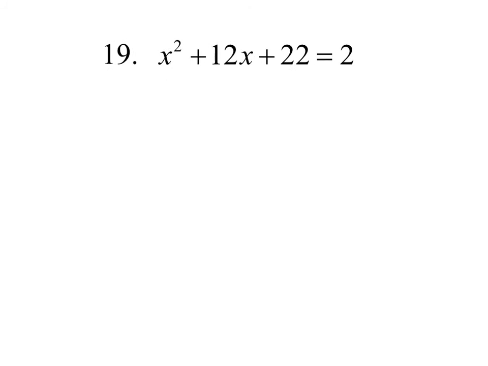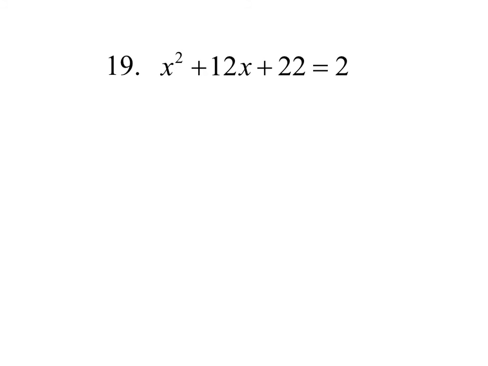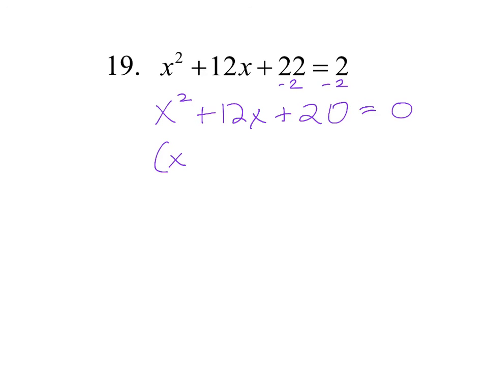All right, let's look at number 19. All right, we need to get that 2 over. This isn't in standard form. It has to be equal to 0. So we're going to do that by subtracting 2 from both sides. So now we have to factor x squared plus 12x plus 20 equals 0. So I have x and x, factors of 20 that add to 12 are 2 and 10.